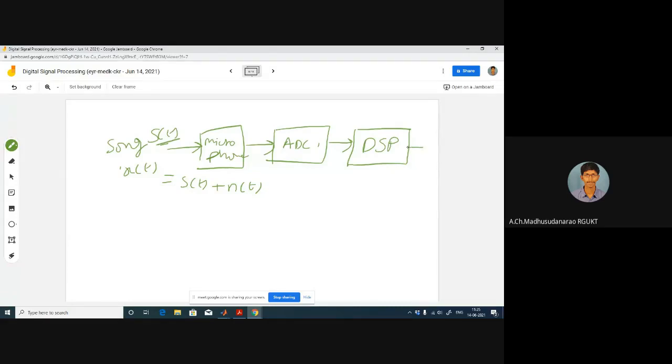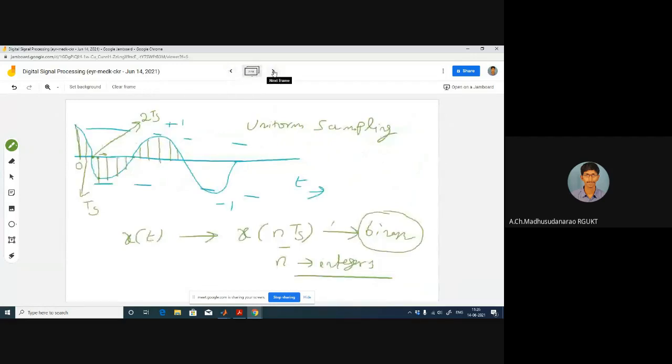After that, I apply that to a digital to analog converter, followed by speakers, the transducer. That's what we had done in our earlier system. The entire processing or removal of noise we had done with the digital signal processor only. This is not an analog system, this is a digital system.